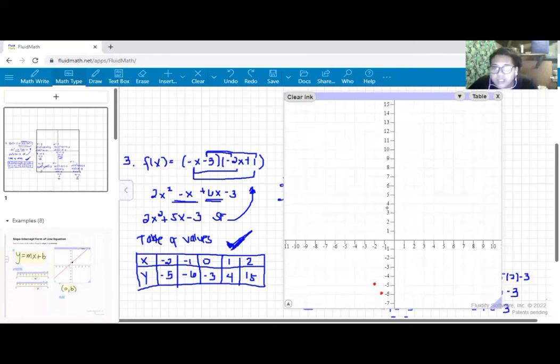So this one is 0 to -3. 0 to -3 here. Then 1 to 4. This one is 1 to 4. Then 2 to 15. So this is 2, 15. Then graph it. So we have to create a line.